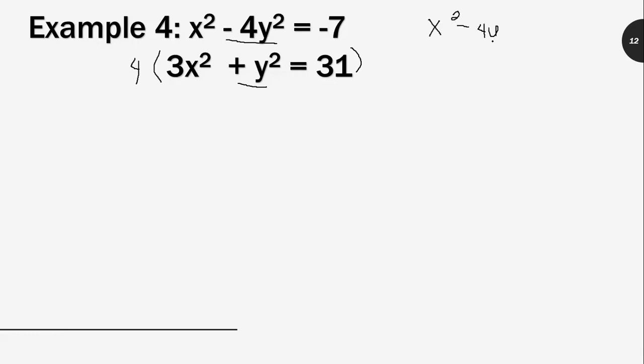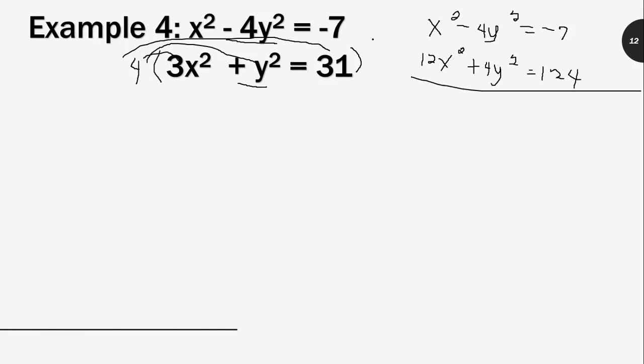Minus 4y squared is equals to negative 7. 4 times 3x squared, we got 12x squared. 4 times y squared, we got positive 4y squared. 4 times 31, we got 124.